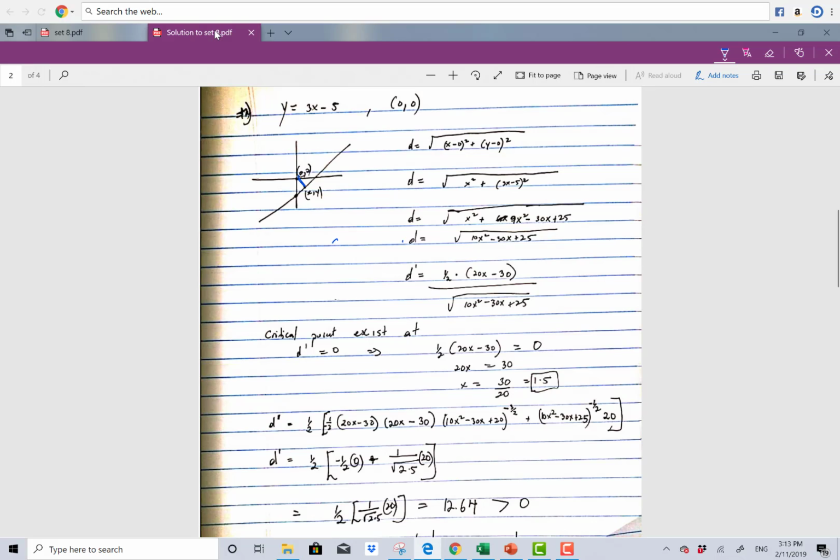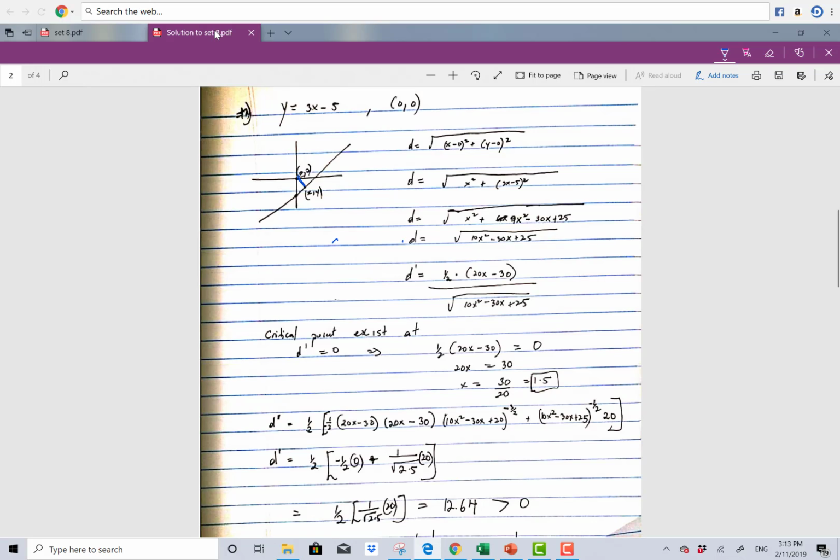Now, what I'm going to do is use a point on the line, which is y equals 3x minus 5, as (x, y), and the point 0, 0, because that's the point we're trying to find the shortest distance to. If I use the distance formula, considering x to be x1, that's x minus 0 all squared, and y minus 0 all squared.